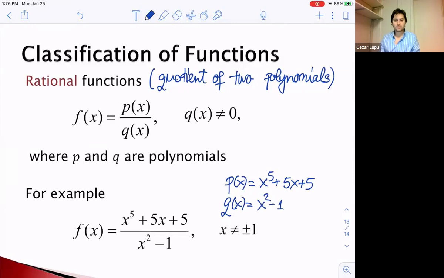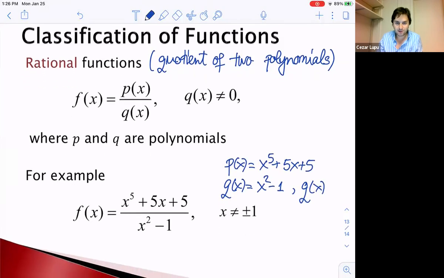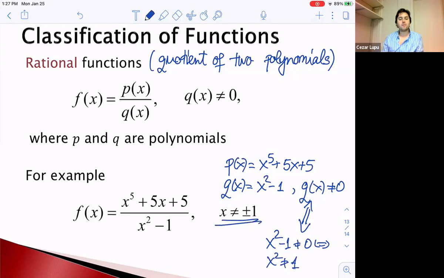For this function to exist, we need to make sure that q of x is different than 0. People told me that my q looks like a g, but anyway, it's a q here, it's not a g. This is equivalent to saying that x squared minus 1 is different than 0, which is equivalent to x squared is different than 1, or x is different than plus minus 1.